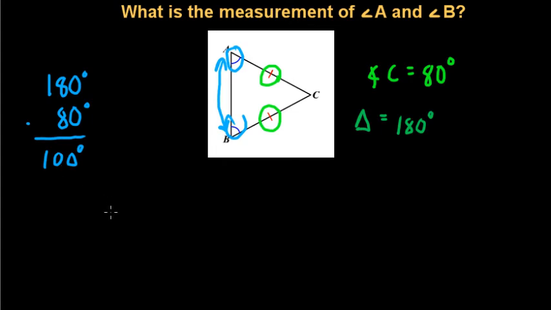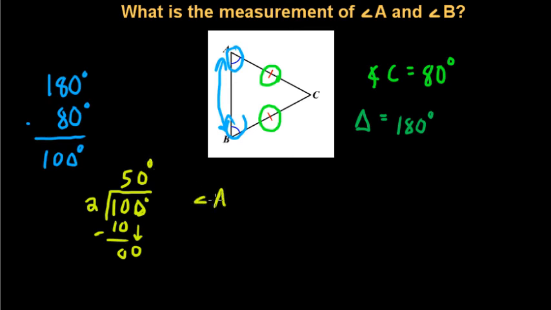So 100 degrees, I divide it by 2. Bring it down. And so that means 50 degrees. So angle A and angle B equal 50 degrees.